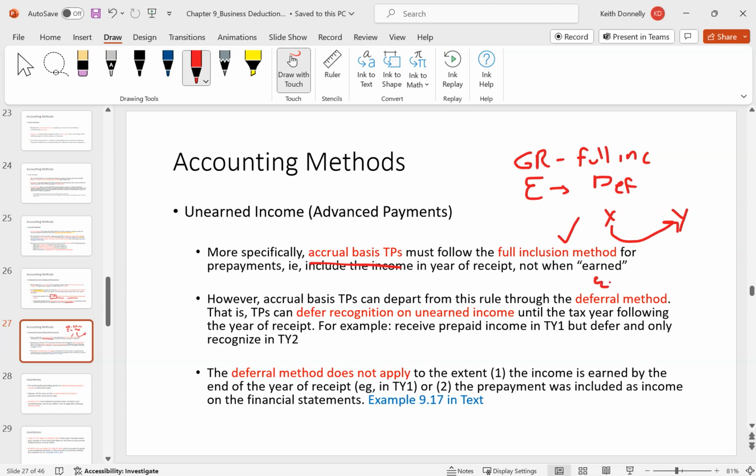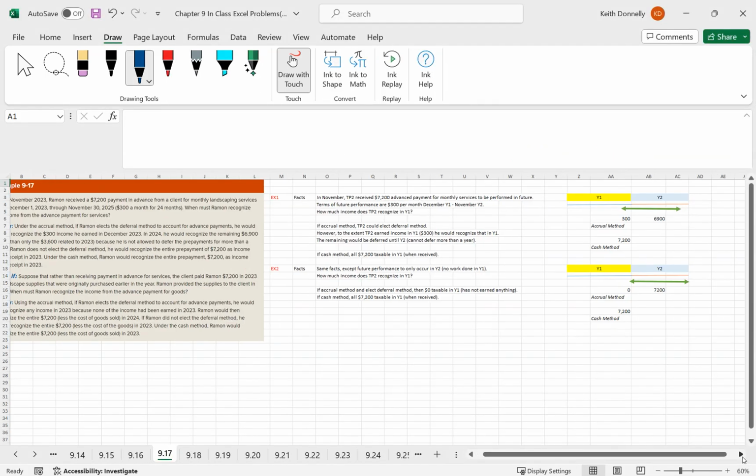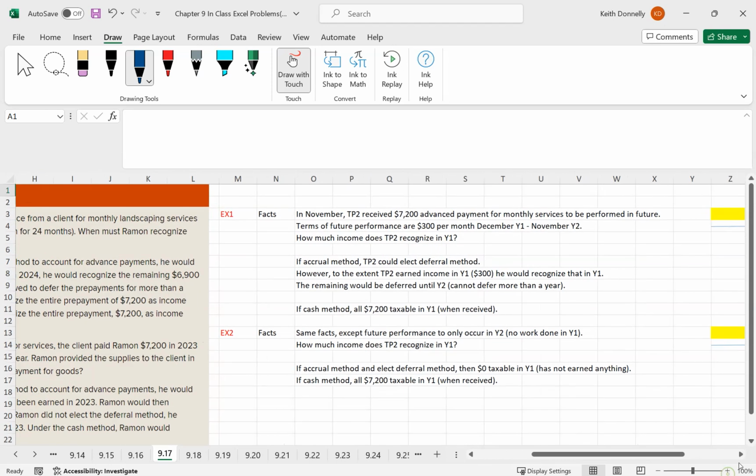The exception to the exception, though, says that to the extent we earn it or we include it in the financial statements in year one, we have to account for it, record it, and recognize it. So this is what's going on here: the general rule for prepayments, the exception, and the exception to the exception. So let's look at 917, and give this some facts here.